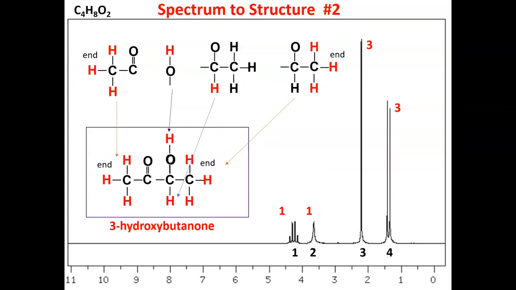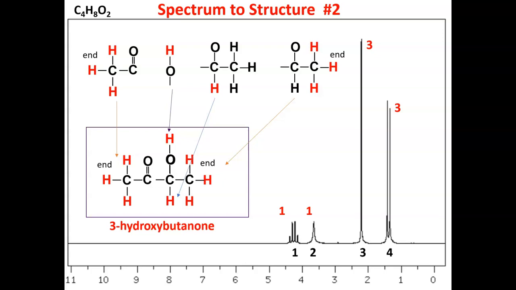And so the final structure, when we put the whole thing together, is the combination. As you can see, we've got the two end groups, which in this case are both methyls, and we've also got evidence for a carbonyl group, which is the C double bond O group next to the methyl, so that's one.